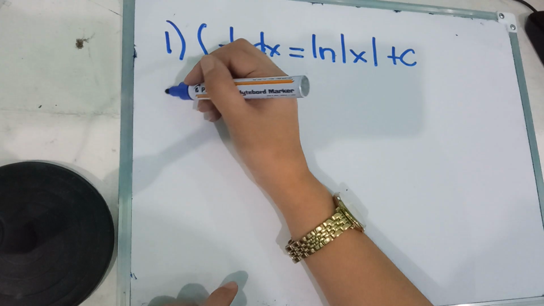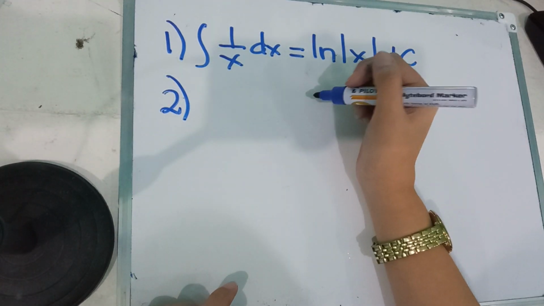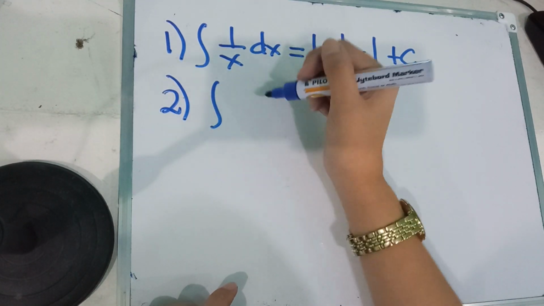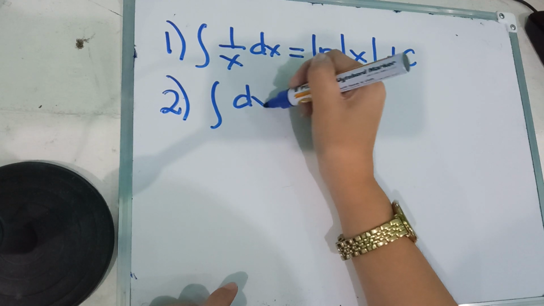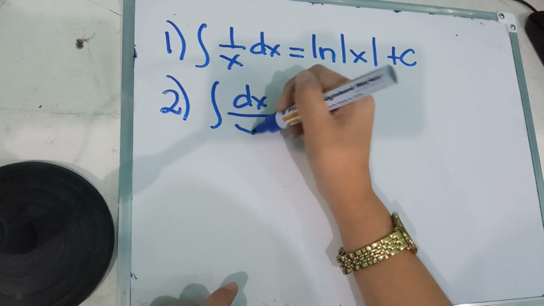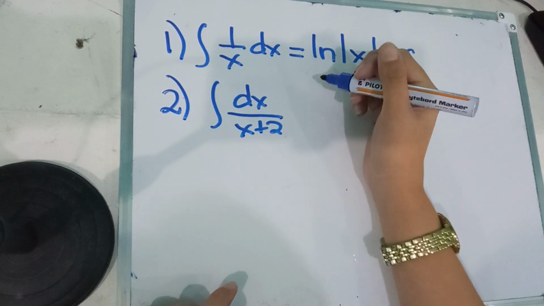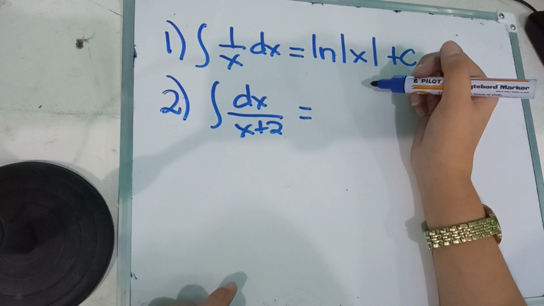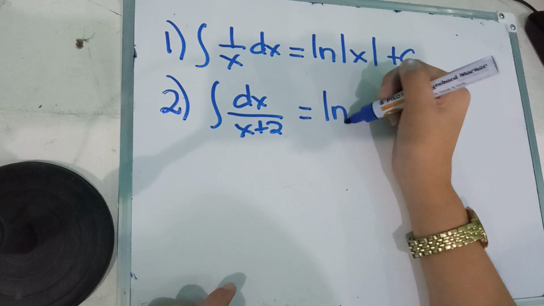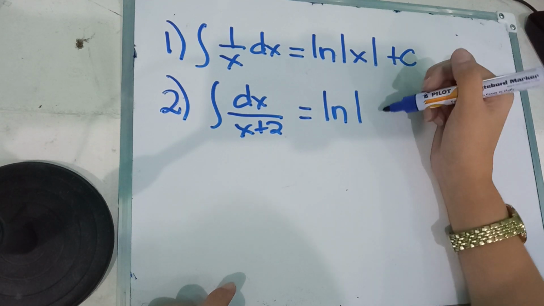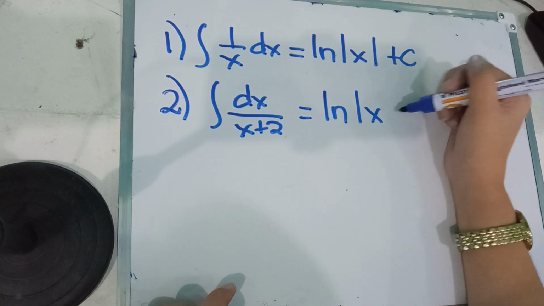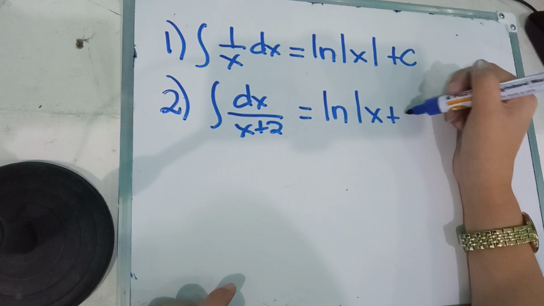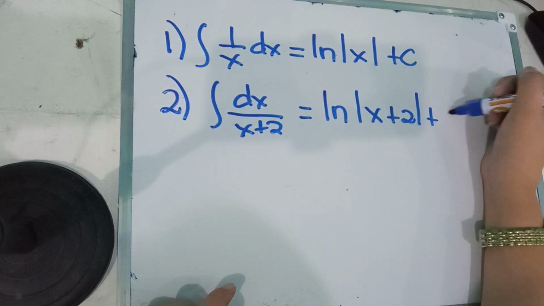Number 2, for example, we have the integral of dx over x plus 2. So that will simply be the natural logarithm of the absolute value of x plus 2 plus c.